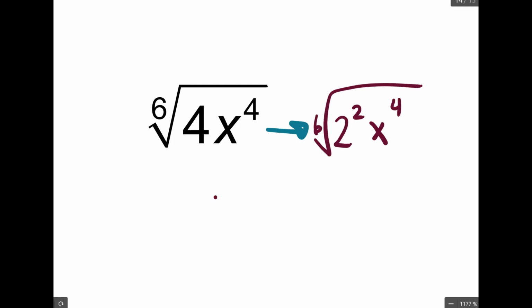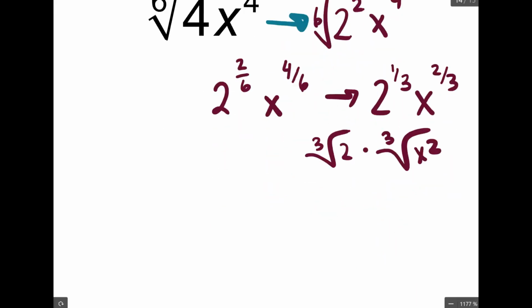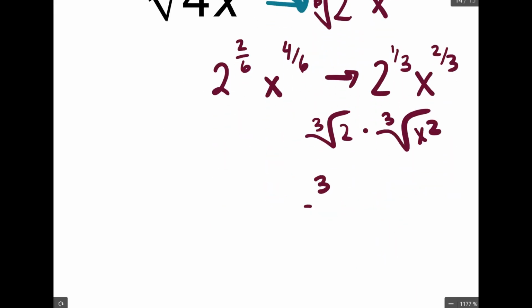So I can rewrite this as 2 to the 2/6 times x to the 4/6. 2/6 simplifies to 1/3. 4/6 simplifies to 2/3. So this is the same thing as the cube root of 2 times the cube root of x squared. So to fully simplify, I can write the cube root of 2x squared.